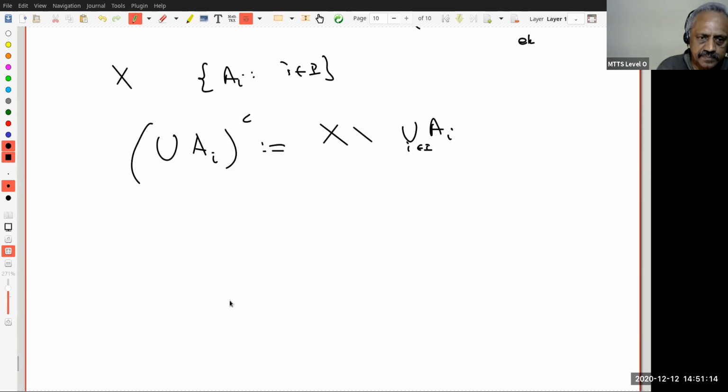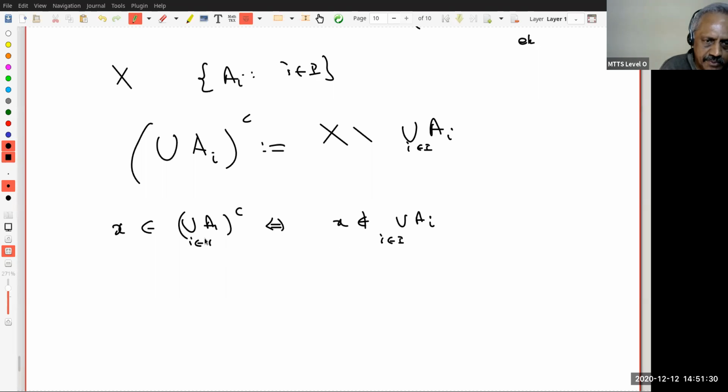Okay, let us understand. Now, x in the complement of the union of A_i is the same as saying x is not in the union of A_i, i in I. You understand this? I'm not writing i in I, but if you want, you should write that. What does this mean? This means I claim for every i, x is not in A_i.